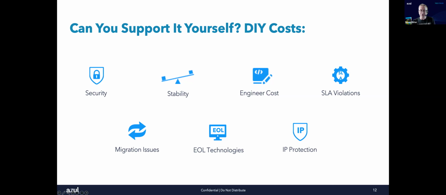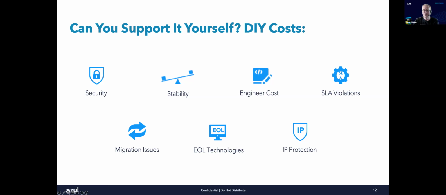Without support, you don't have anybody to call, so you're in a very difficult situation where you're exposed to security vulnerabilities or you're not running your application. So that unplanned downtime could be very, very significant, and those data breaches could be very costly to you.